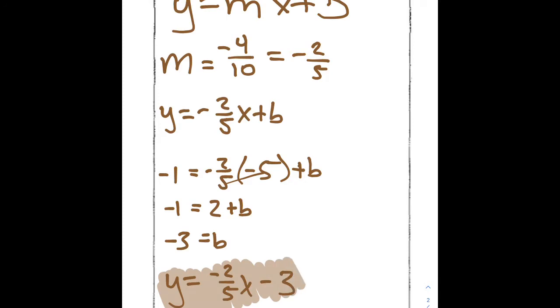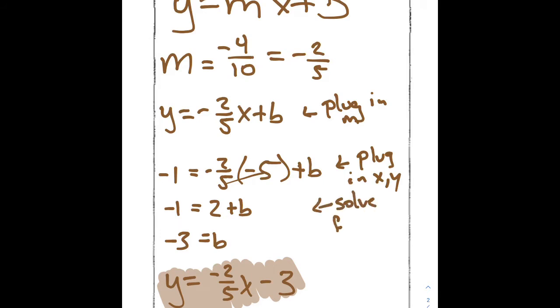So again, just to summarize, we started with y equals mx plus b, and I plugged in the slope. Then I plugged in an x and a y, which I got from the given points, so that I could solve for our y-intercept. And then I'll rewrite the equation with m and b.